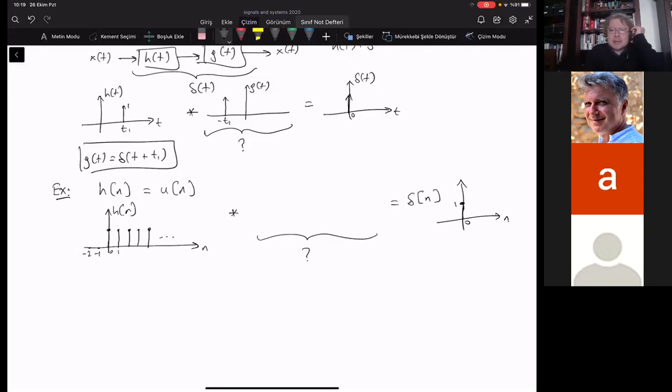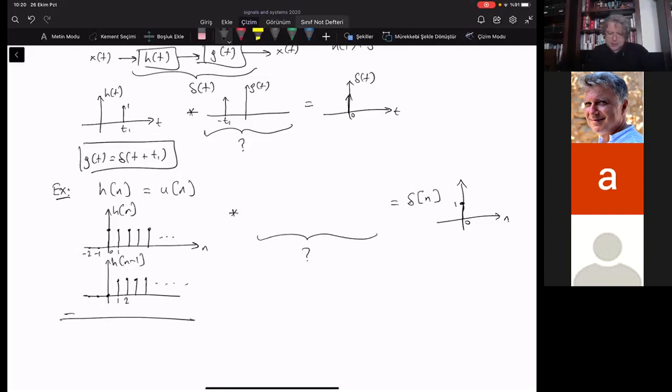Let us try to make some inspections here. I have h of n. Now let me shift h of n to the right by 1, which means h of n minus 1. Okay. And if I subtract that, h of n minus 1, which starts to become 1 after 1, like this. This is h of n minus 1.